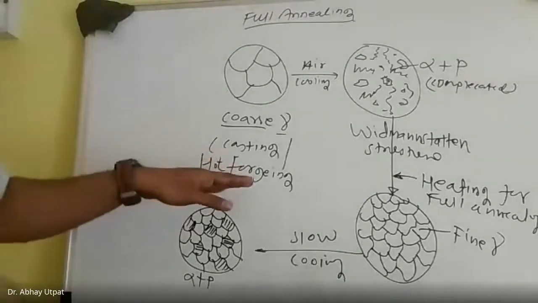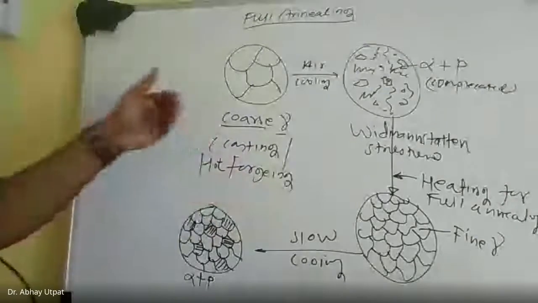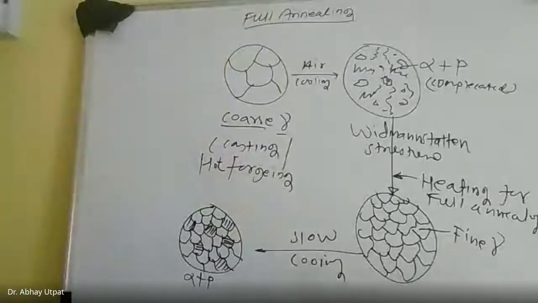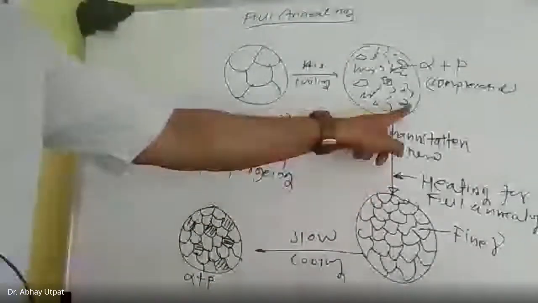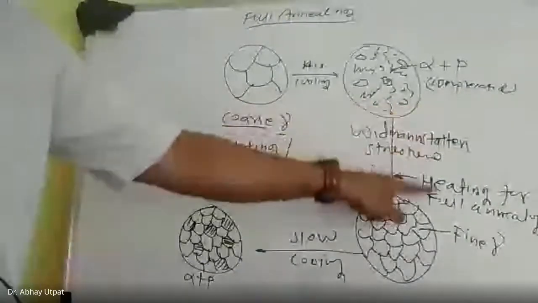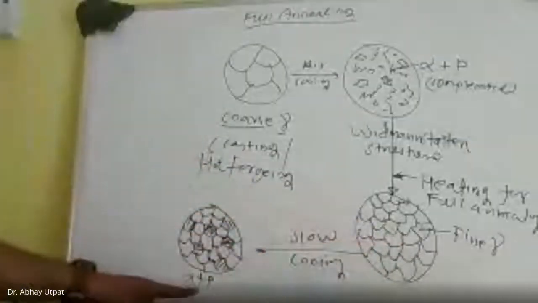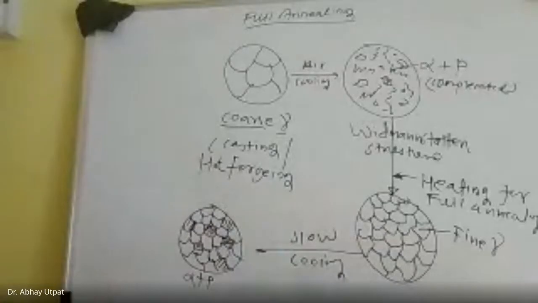Actually forging may be any hot working, hot rolling also, so that's why I commonly use hot worked. So this is the full annealing step. This is raw, heated for full annealing, and we get the final structure after full annealing.